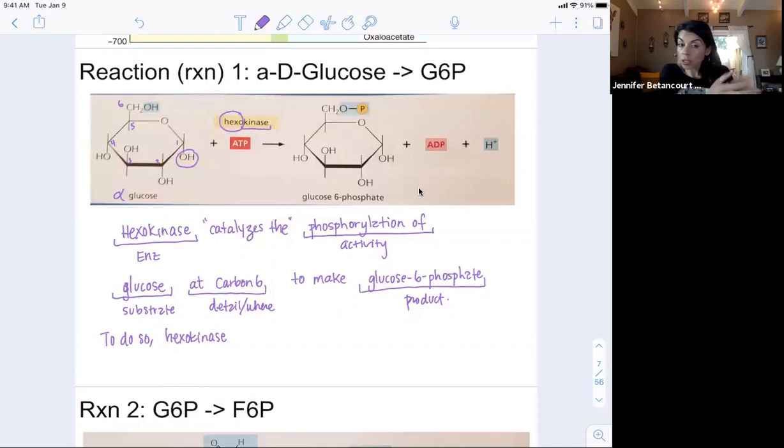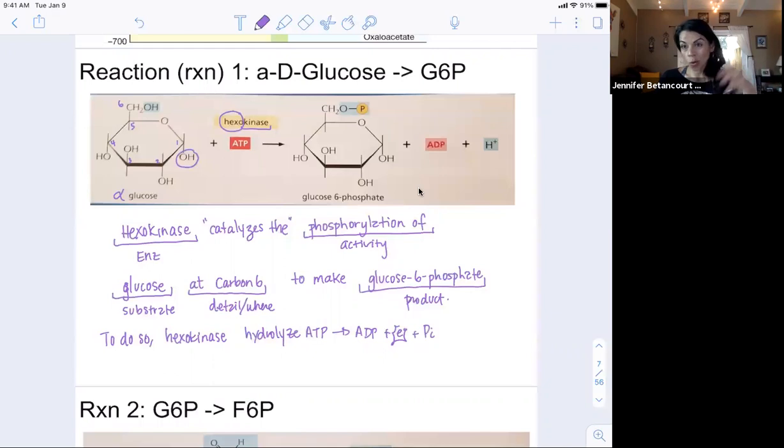So in order to phosphorylate glucose, hexokinase first has to hydrolyze ATP. Hydrolyzing ATP means chopping off a phosphate group. When you chop off a phosphate group, you break a phosphoanhydride bond, and you release a bunch of energy, and you release the phosphate group that you need. And the result is now ATP doesn't have 3 phosphates, so now we call it ADP.